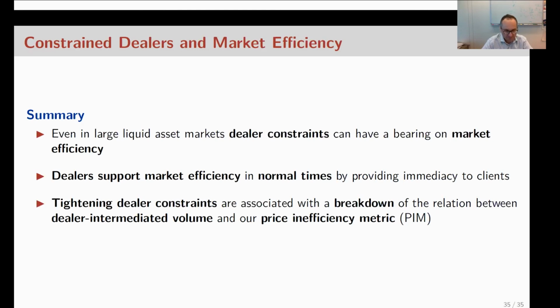So this is just based on market intelligence and speaking to dealers, hearing what was happening around the time. My sense is that it was less regulatory constraints that were binding at that time, but rather internal risk constraints by banks.